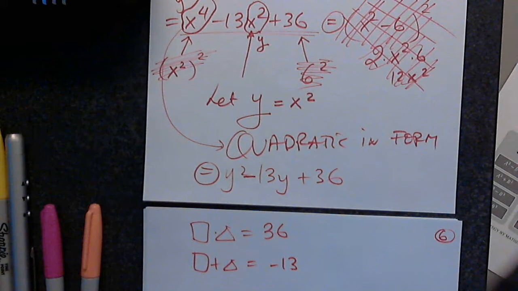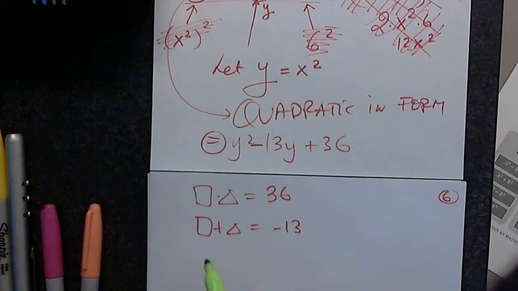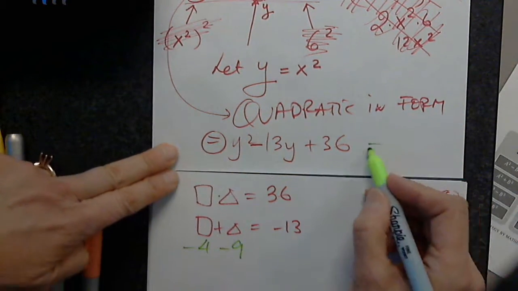The product is positive, therefore both signs have to be the same, but their sum is negative 13, so I know both signs have to be negative. So two negative numbers whose product is 36 and whose sum is negative 13: negative 4 and negative 9. Very good, awesome.